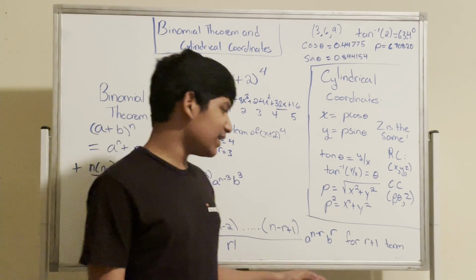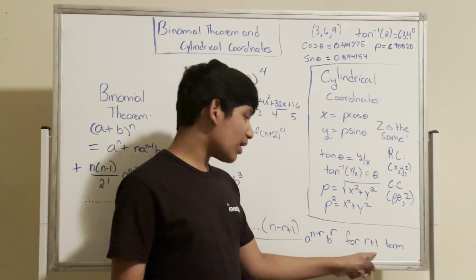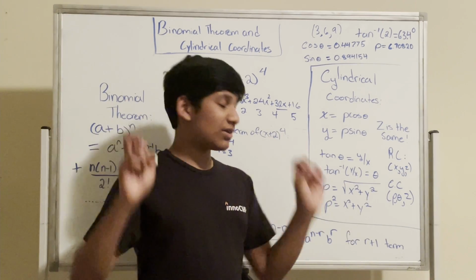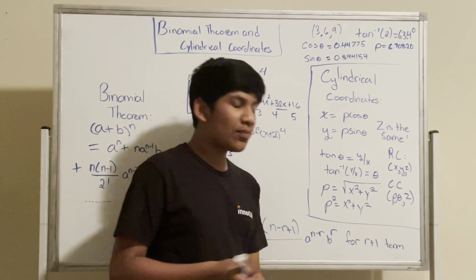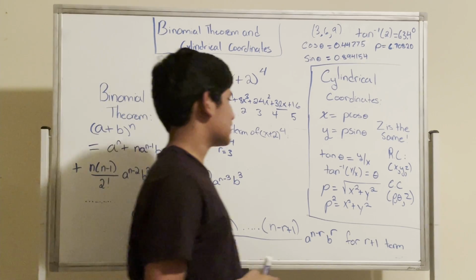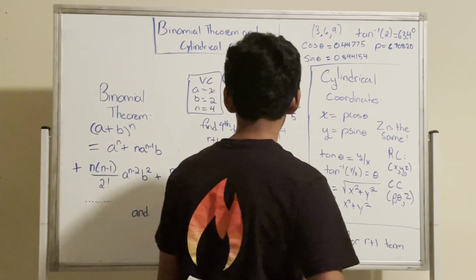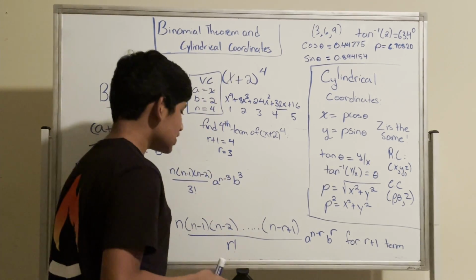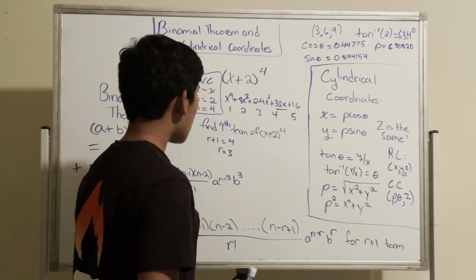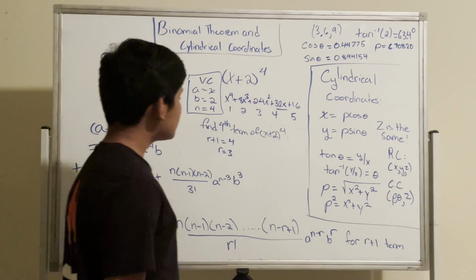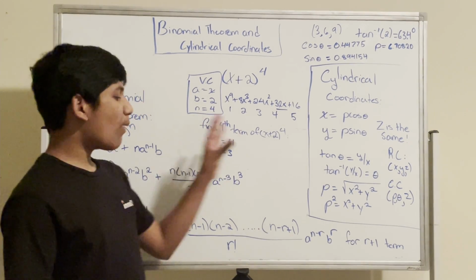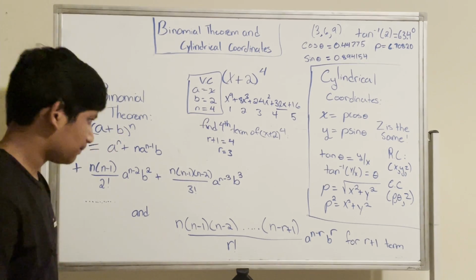The reason for writing this is because r plus 1 is essentially the parent term, or what I mean is r plus 1 is the main term which we're going to be trying to calculate. Now we've essentially gotten r. r is just going to be 3. Since r is 3, you can now start applying it to this formula over here.